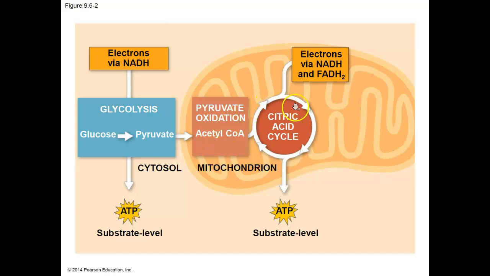Acetyl-CoA then enters the citric acid cycle to become electron carriers of NADH and FADH2, as well as producing a small amount of ATP.